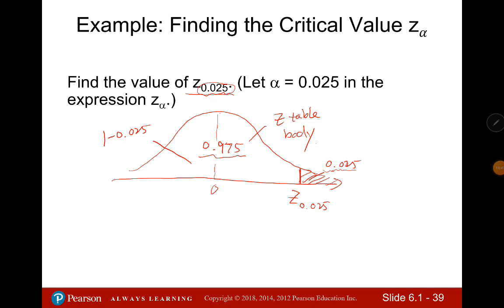Sometimes, I would say most of the time, we cannot find the exactly same value. We always pick the closest value. This time we find the exact one, and we get 1.9 on the left column and 0.06 on the top row. Put them together, 1.96 is the critical value.